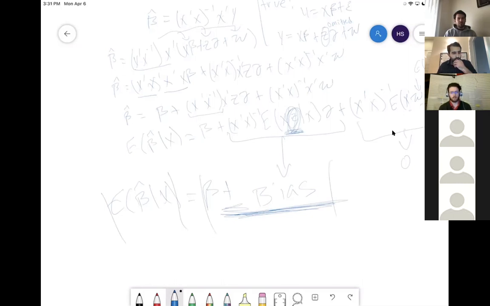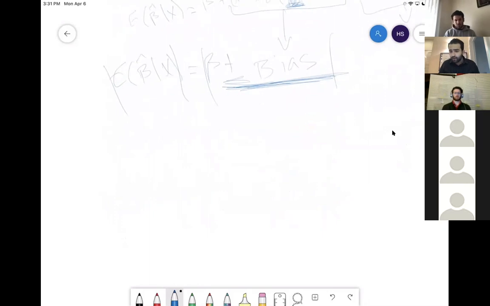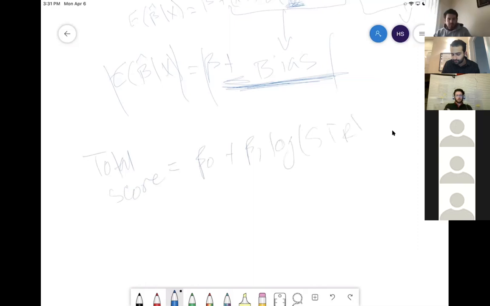Okay. Going back to our little example here. So far, we just ran a very simple regression. All we did was total score is beta 0 plus beta 1 times the log of the student to teacher ratio plus epsilon. Do we think that everything that explains the total score on average for a school is purely driven by just the student to teacher ratio?